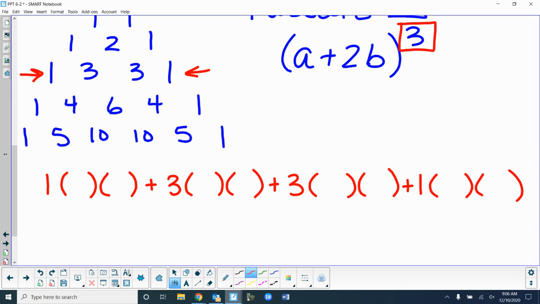Okay? In the first parenthesis is always the first term in the problem. What do you think goes in the second parenthesis? The second term, yeah, the 2b. All right, so far so good?